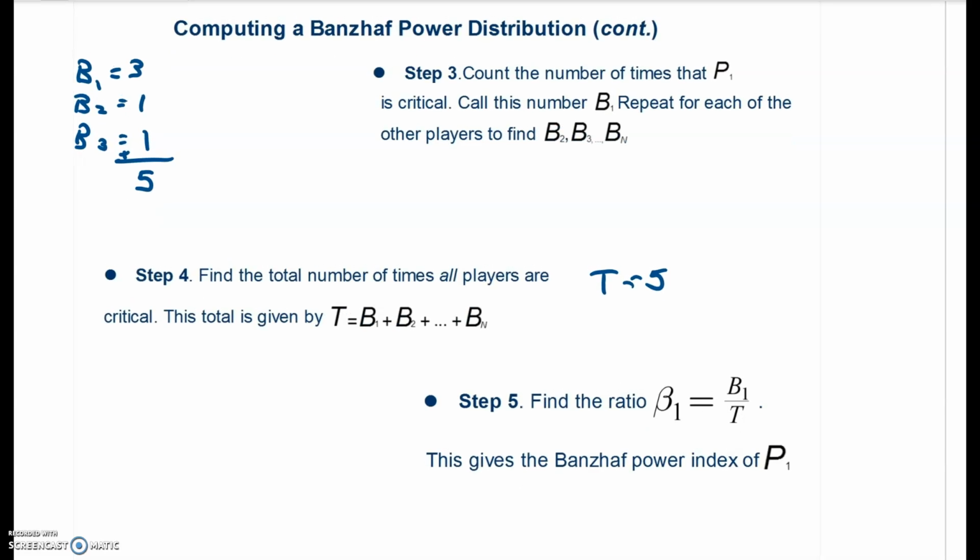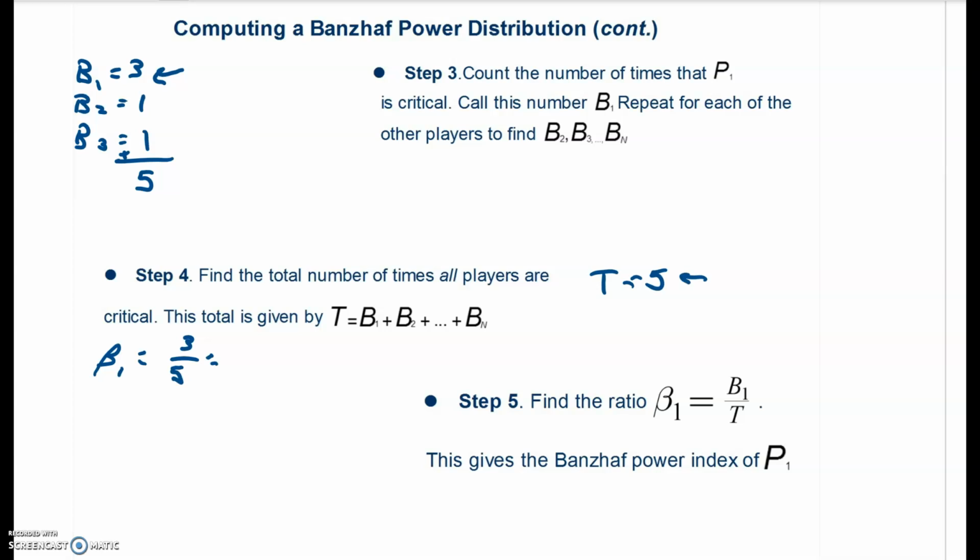Okay, my last step is to find this next number, this beta, which is actually the Banzhaf index for each player. The Banzhaf index for player 1 is the Banzhaf number for player 1, which is 3 from up here, and we divide that by the total of 5.